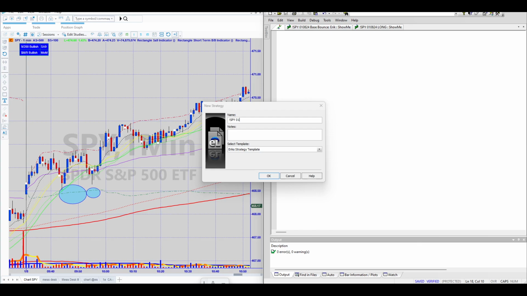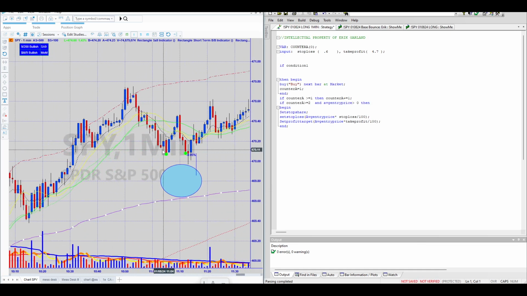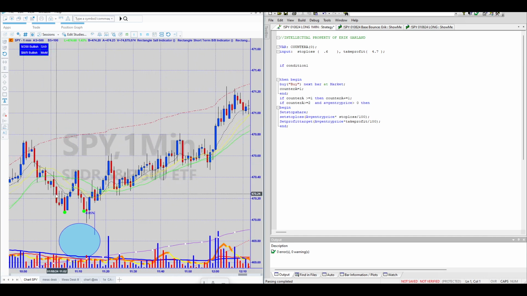SPY 0.10 24. Say a risk of what, 0.05%, something like that.